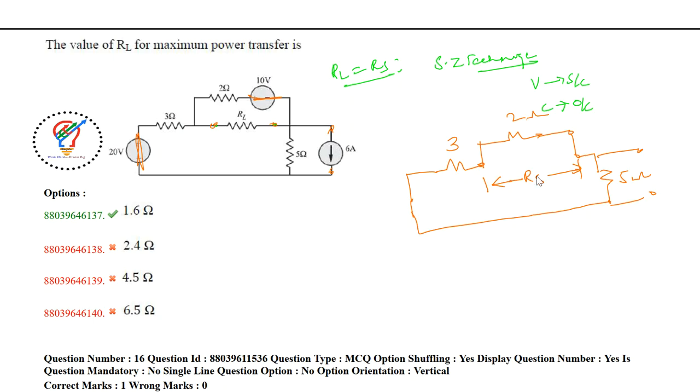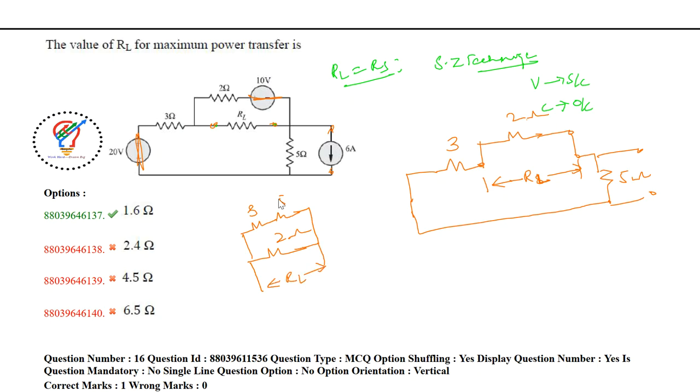I will redraw the circuit. There is a resistance of 2 ohms, and the 3 ohm is in series with the 5 ohm resistor.